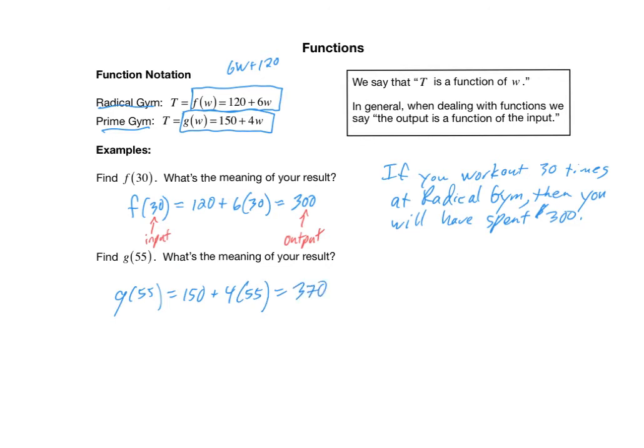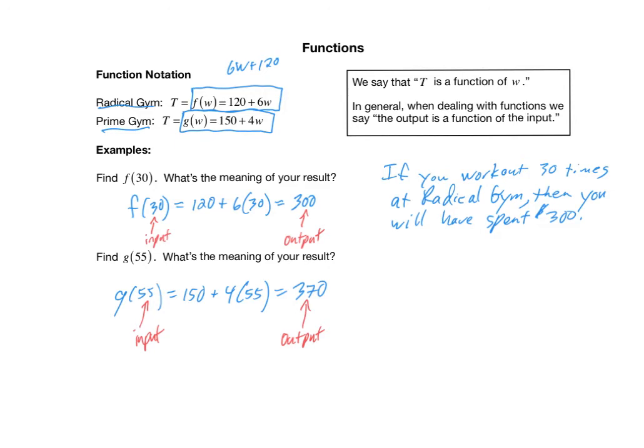Again, there's no point in doing computations and having no idea what this is telling us. What's the meaning of the result? We were given the input of 55, and we found the corresponding output of 370. And again, your input is the number of workouts, and your output is the total amount of money spent.